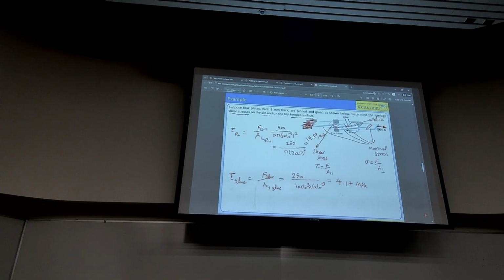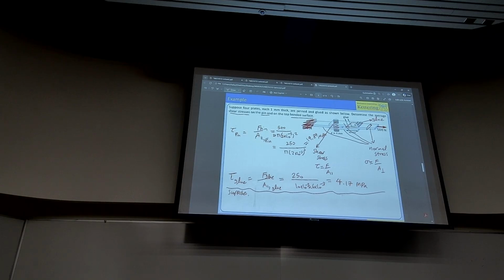Again, remember, we do all this calculation for a reason. We want to be able to comment on the mechanical safety of this object. Let's do a suppose question. Ethan, suppose, because it's all about shear, I have to give you shear strength this time.